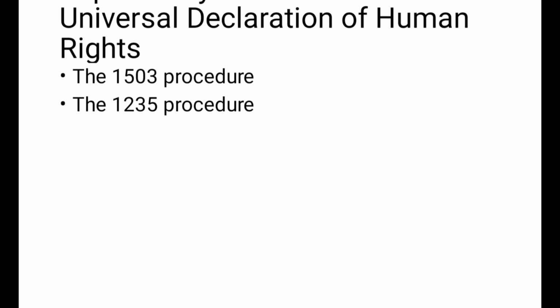Both procedures deal with gross and systematic human rights violations affecting a large number of people and for a long period, okay? So these procedures that are charter-based do not concern themselves with individual cases, all right? Therefore, both procedures do not deal with individuals. They deal with the states that have signed these treaties.